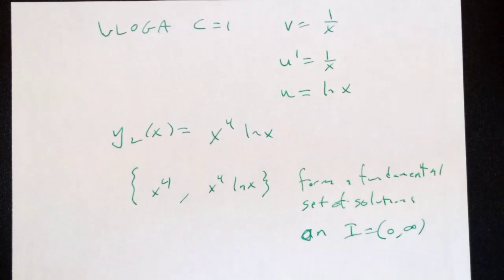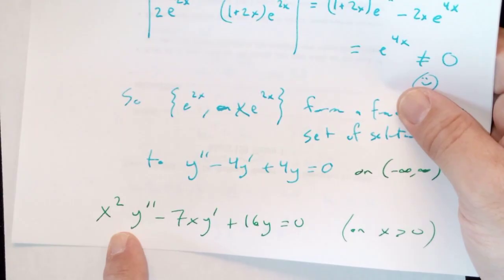Why did I need to avoid 0? Why is this the right interval? Can't take an ln of 0. I can't take the logarithm of a negative number. As a matter of fact, when we set this problem up at the very beginning, we have x squared times y double prime.